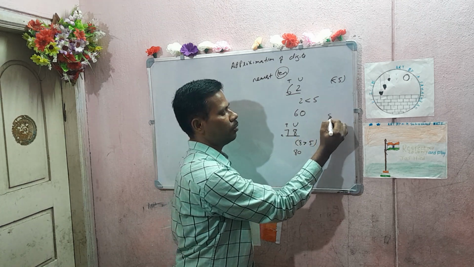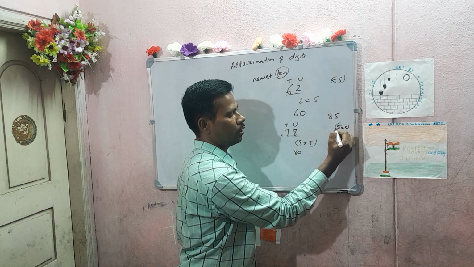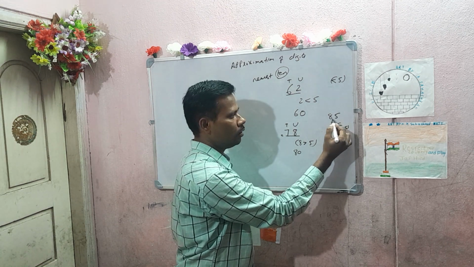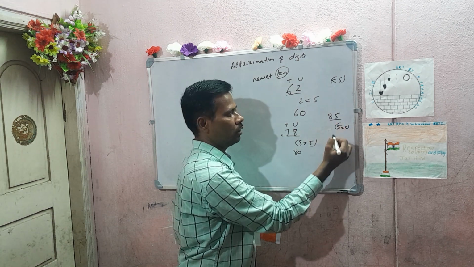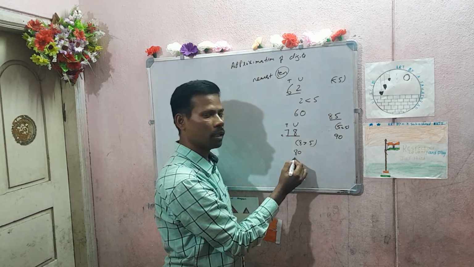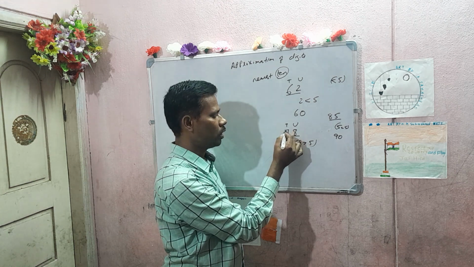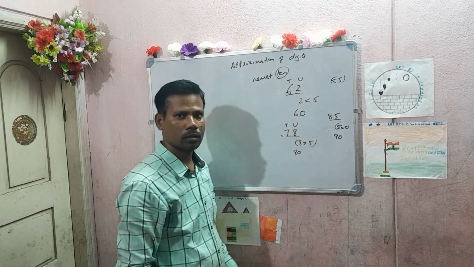Sometimes the problems will be like 85. This 5 is equal to 5, then also you should add 1 to the previous one. So it becomes 90. Here it becomes 80 because 8 is greater than 5, so I am adding 1. So 7 plus 1 is 8, 80, like this.